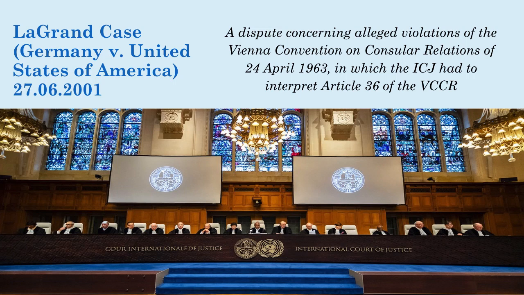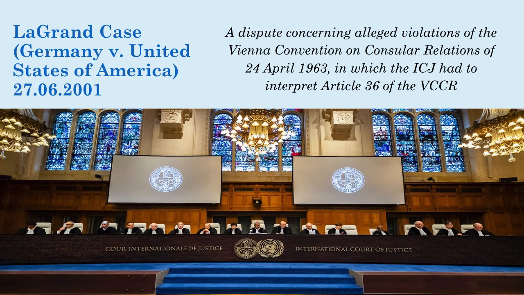The court determined that Article 36, paragraph 1, letter (b), establishes an individual right of the detained person to be informed about the possibility to request consular assistance. Consequently, the court found that by not informing the LaGrand brothers of their right to contact the consul, the US government violated obligations toward Germany and the 2 imprisoned persons.